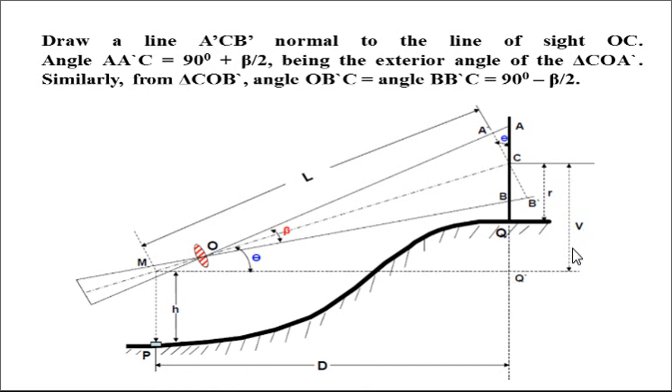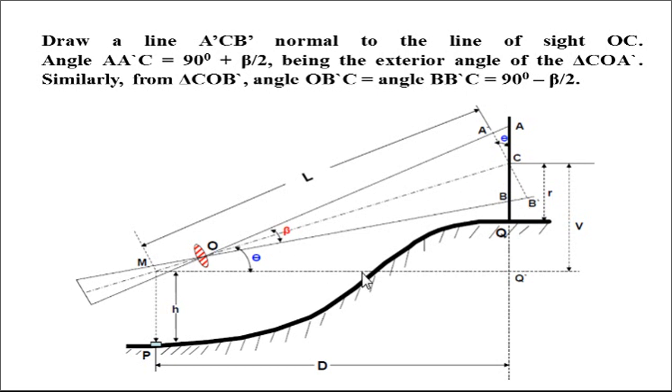Then V is nothing but the vertical distance between the horizontal line of sight and the central hair. Then this R is nothing but the central hair reading. So the staff is kept at this ground level, and this distance is called R. And then A, C, B are the corresponding points where these three rays cut the staff, and this is the line perpendicular to the central hair, and these are denoted by small a, A dash and B dash.